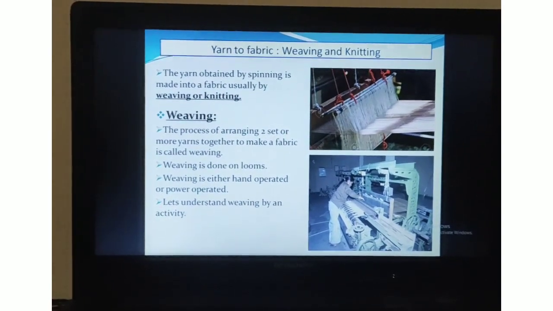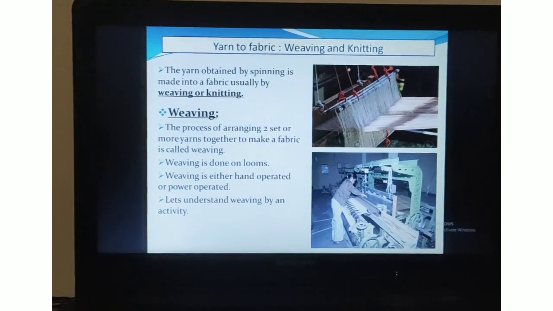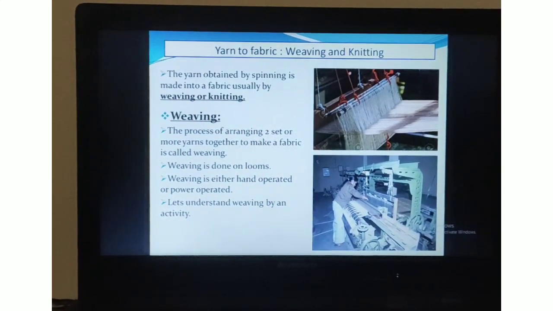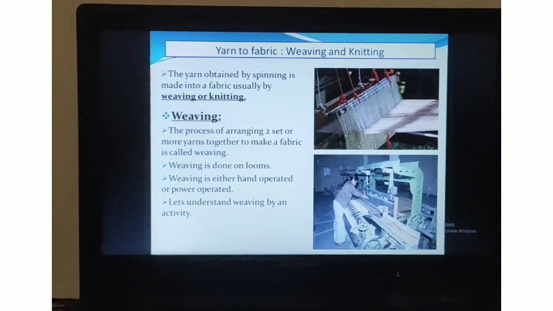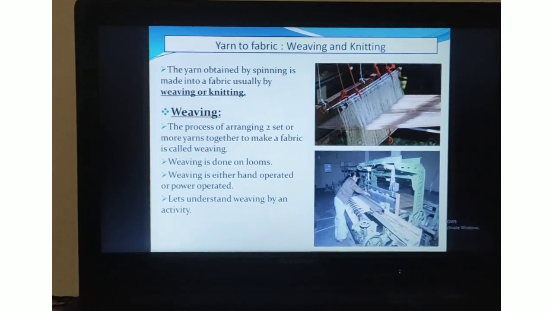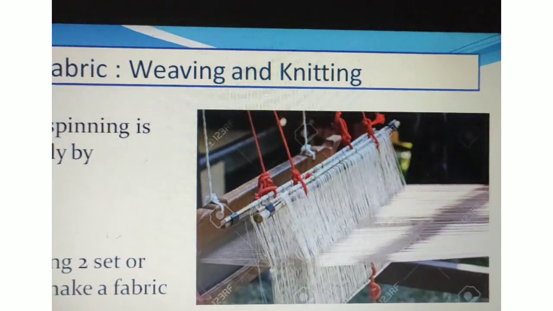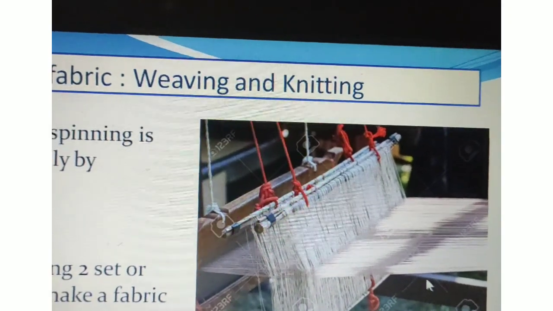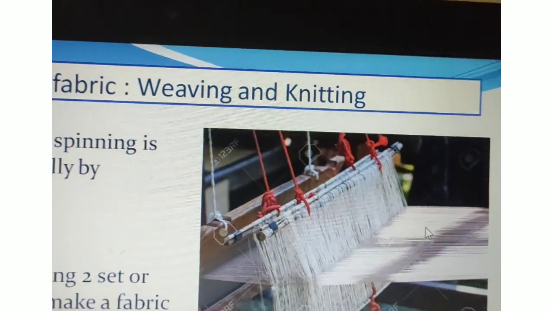Let me start with its definition. The process of arranging two sets or more of yarns together to make a fabric is known as weaving. What does it mean? Two sets of yarn means, look at this: it starts from here to here.